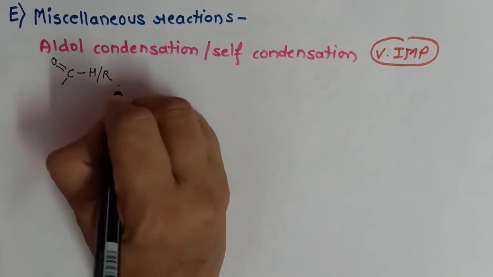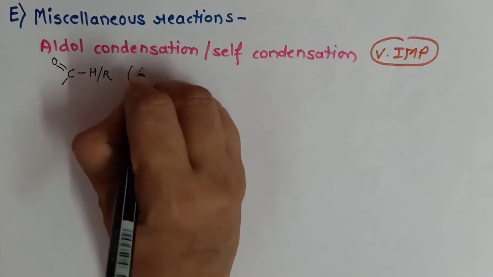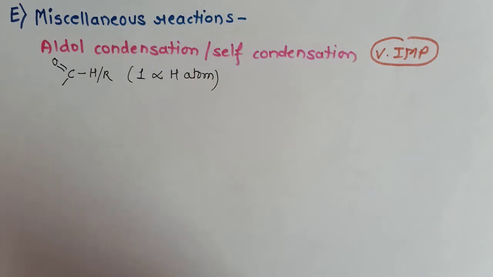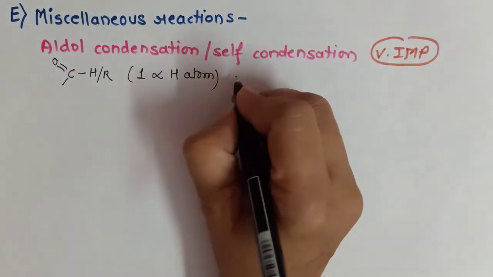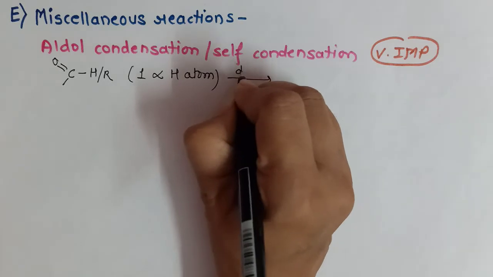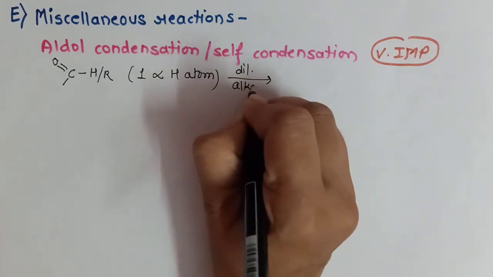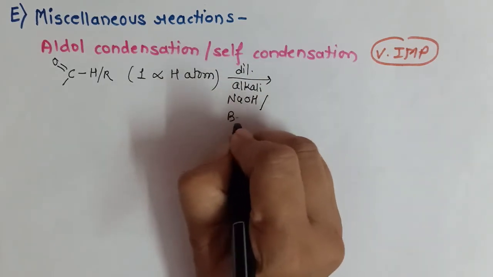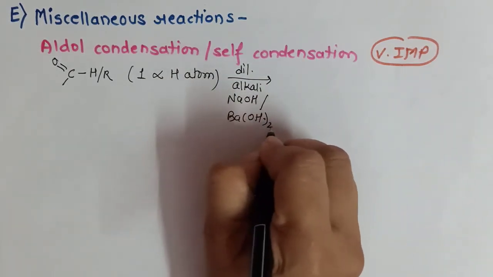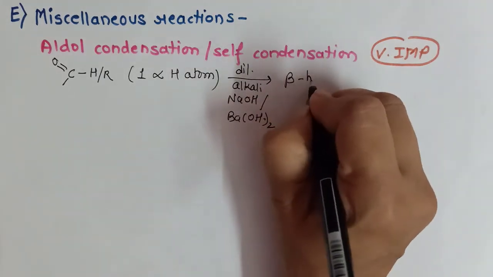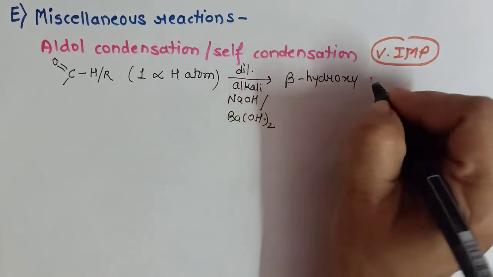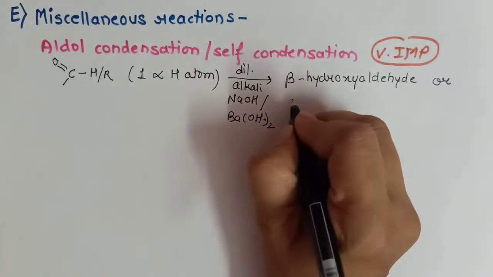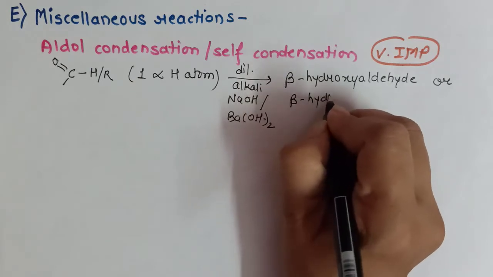This aldehyde or ketone must contain at least one alpha hydrogen atom, and it undergoes a self condensation in presence of dilute alkali like either sodium hydroxide or barium hydroxide, and it forms a product, beta hydroxyaldehyde or beta hydroxyketone.